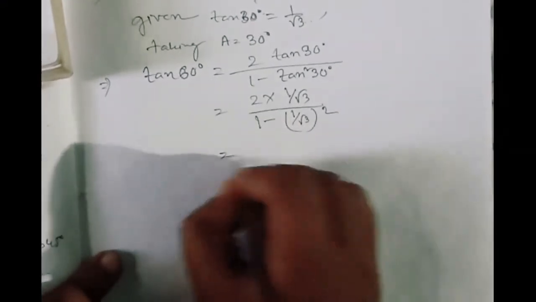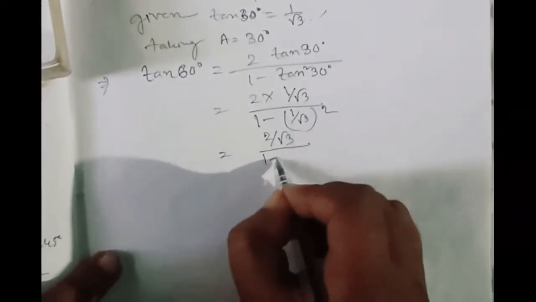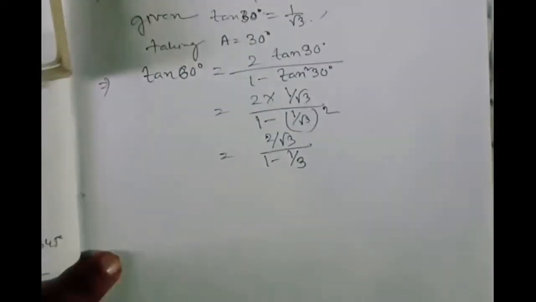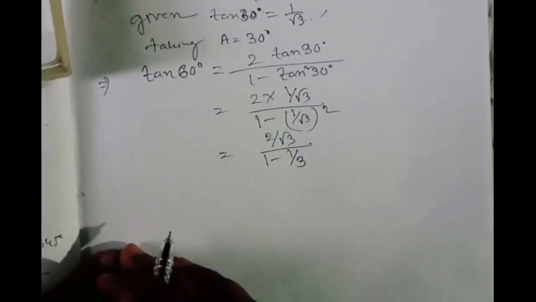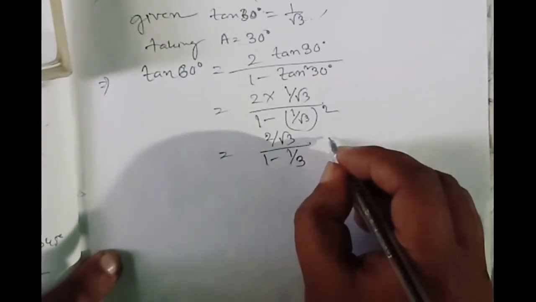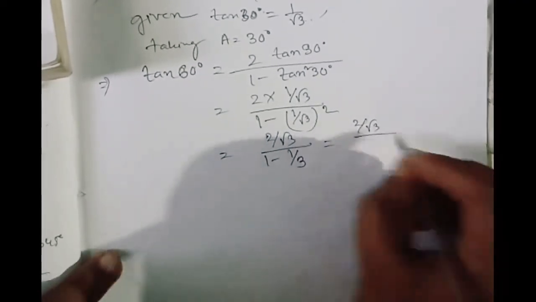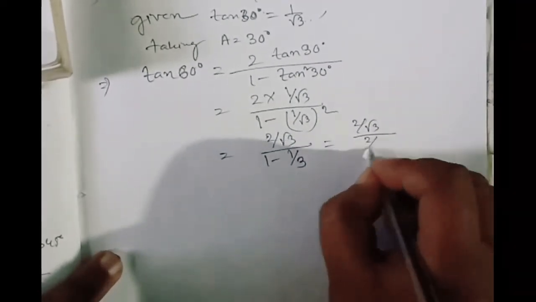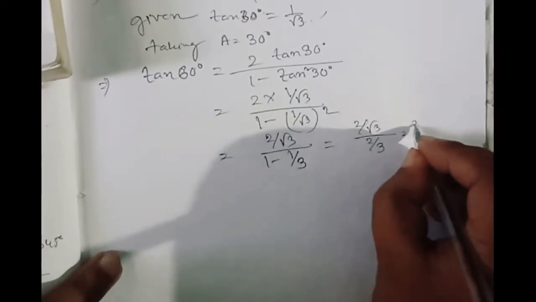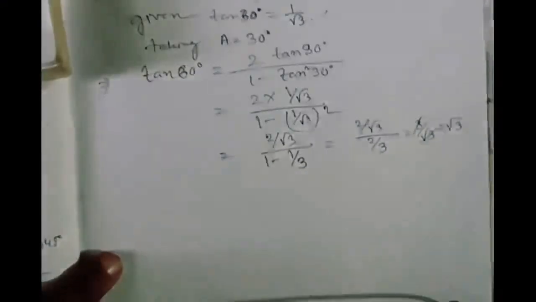So, this is equal to 2 by root 3 by 1 minus 1 by 3. So, this calculation is 2 by root 3 by 2 by 3. So, this equals 3 by root 3. By calculating, we are getting root 3.